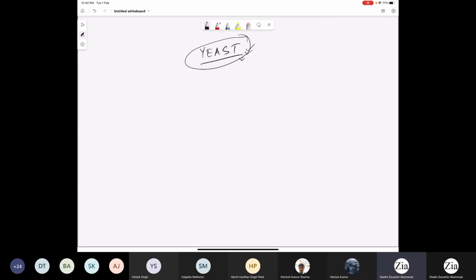Yeast extract means first you grow the yeast, and after growing the yeast, you extract the components from the yeast. So growth of yeast is the primary motive in this production industry, where you grow the yeast in a fermenter, and then follow subsequent processes to produce different kinds of byproducts from yeast.